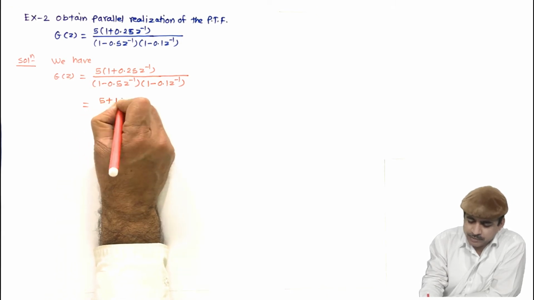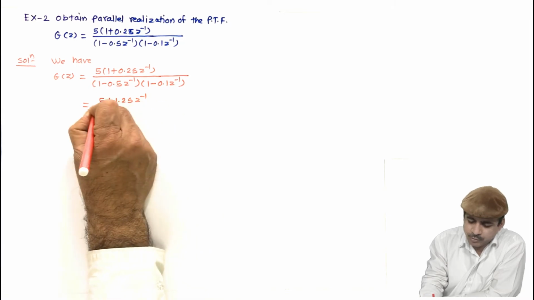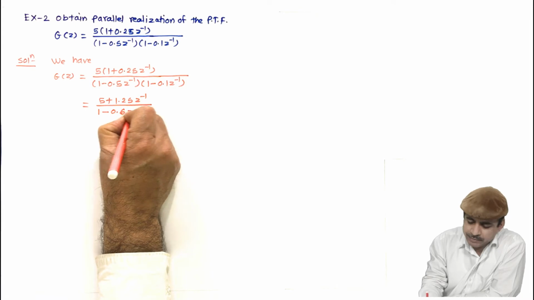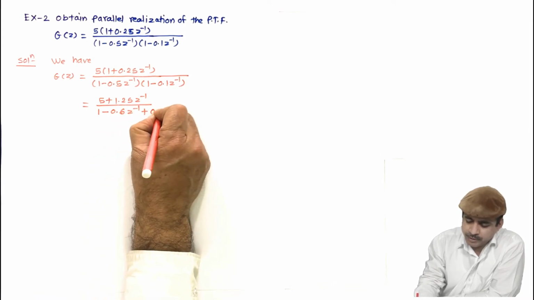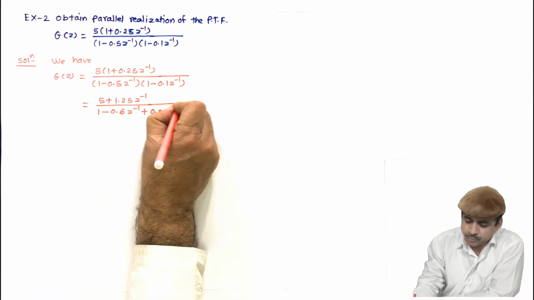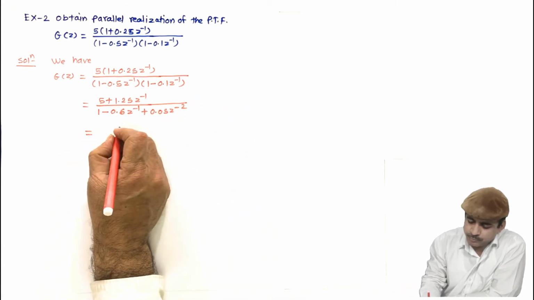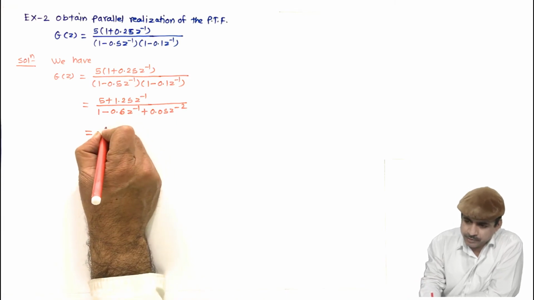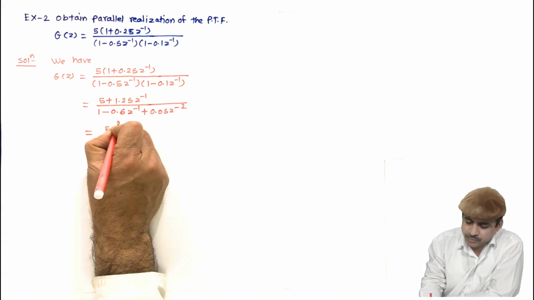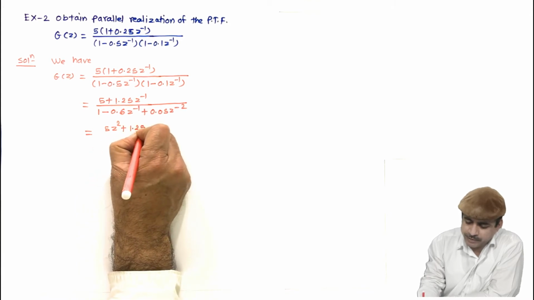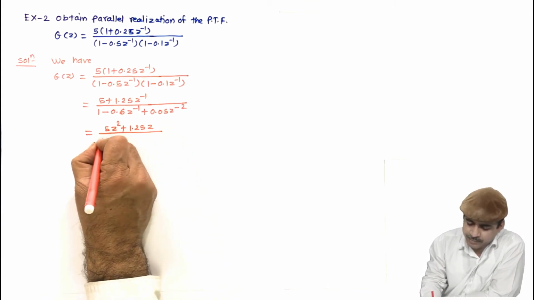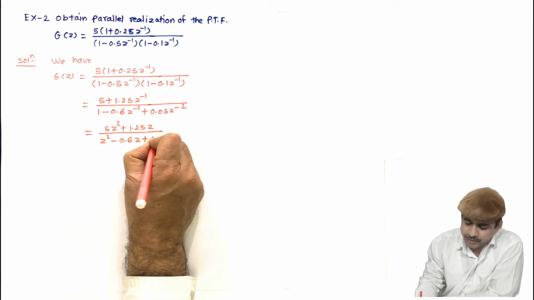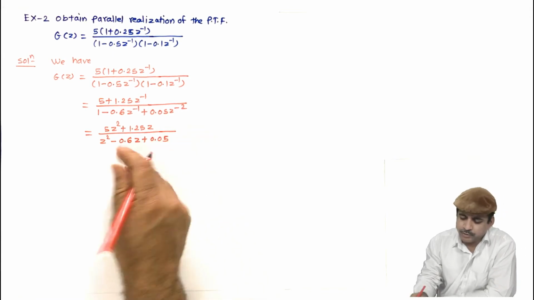That is 5 plus 1.25 z raised to minus 1 upon 1 minus 0.6 z raised to minus 1 plus 0.05 z raised to minus 1. And this is equal to, multiply numerator and denominator by z square. So this will be 5z square plus 1.25z divided by z square minus 0.6z plus 0.05.